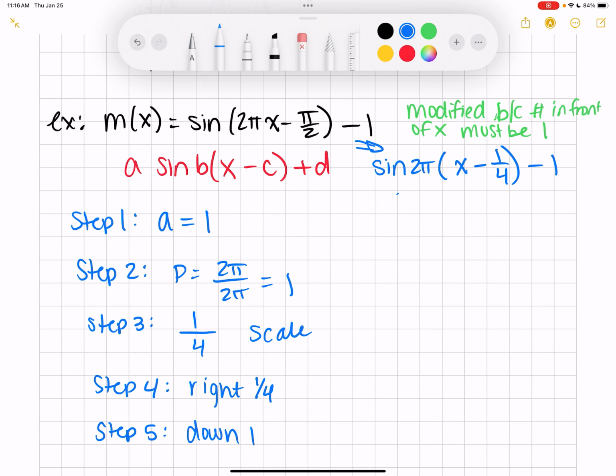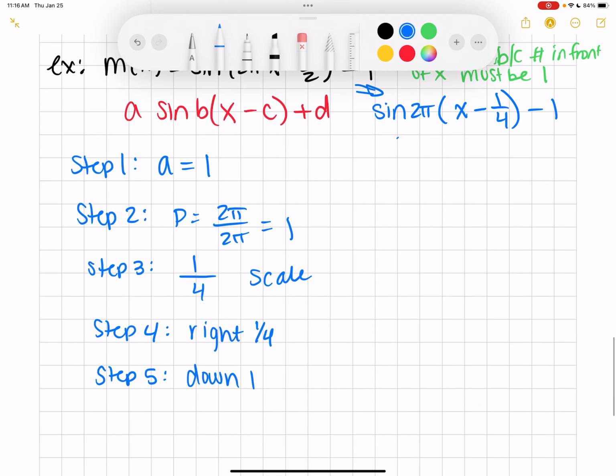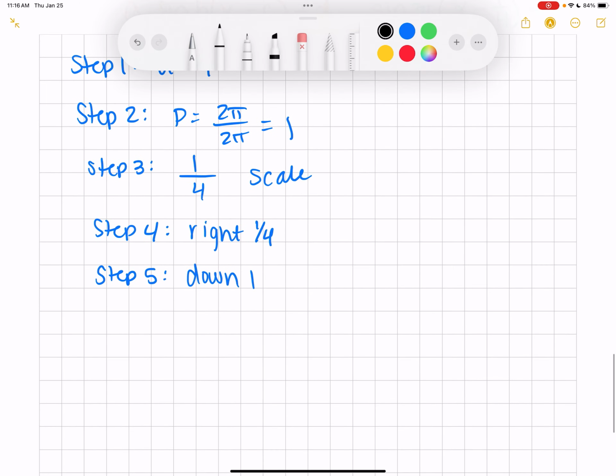Yesterday when we were doing it, I was writing every single step, but if there wasn't a shift left or right, I probably just wouldn't write that. I just think this is a good way to keep it organized and make sure you go through everything. So set up my graph here. And I told them yesterday, Riley, that you can do both sides of the graph if you want.